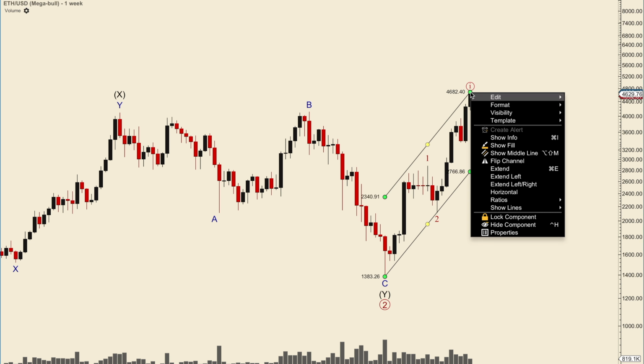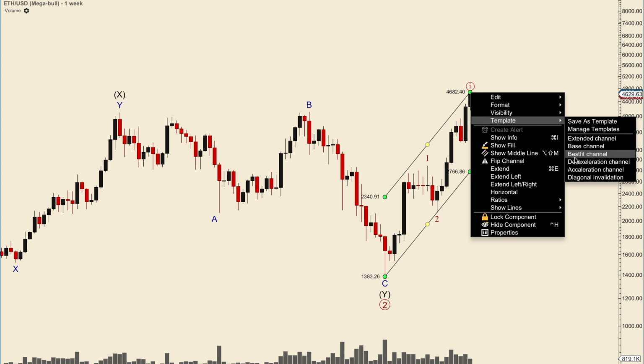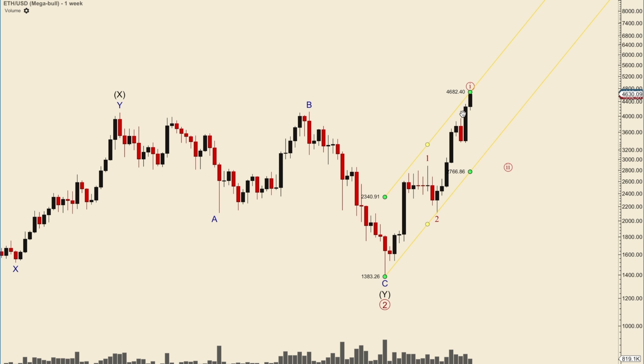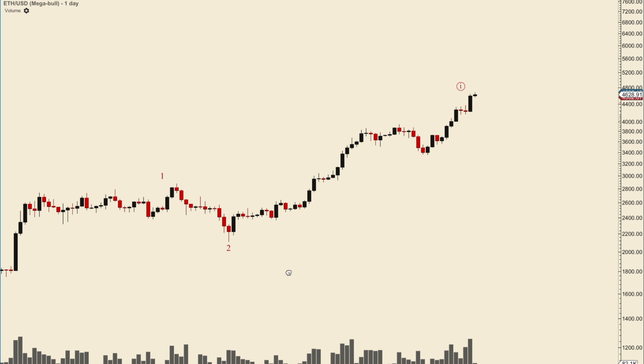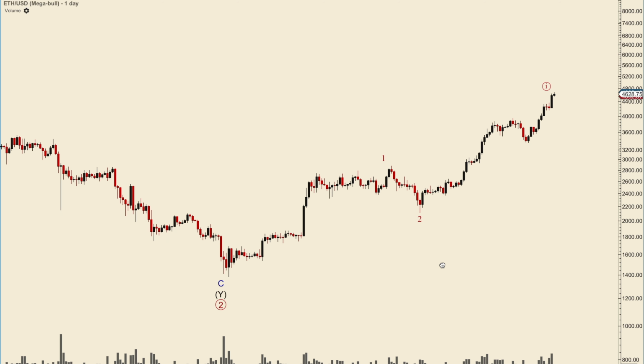You can do it like this. If you take an acceleration channel, it's not an acceleration right now, but you can see that if we break this, then you can pretty much start to think about wave 4 or wave 5s being over. So you can channel this in certain ways, and there are different techniques. Basically, I can do it like this.